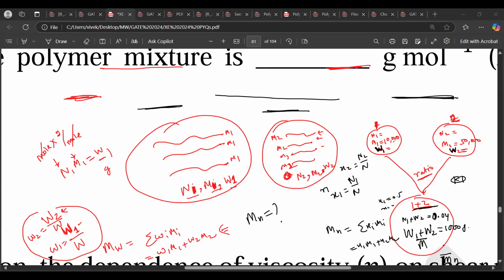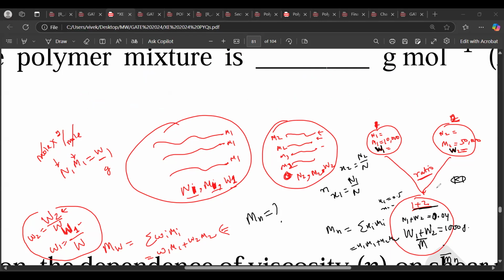This is the information that is given. No N1 given, no N2 given, M1 is given, M2 is given, no W1, no W2, but the sum of W1, W2 is given, and the sum of N1, N2 is given. Now, I will show my formula list after this solution, because I don't want to lose this drawing. So please bear with me.